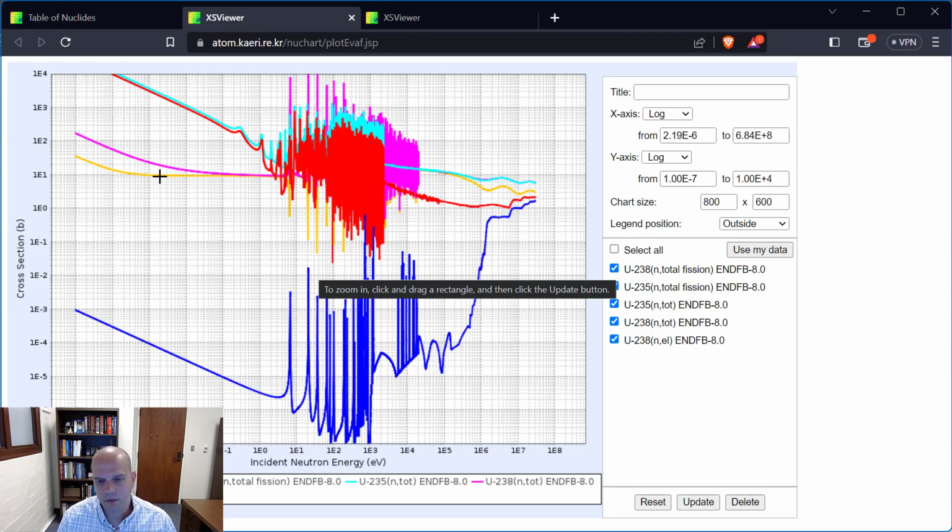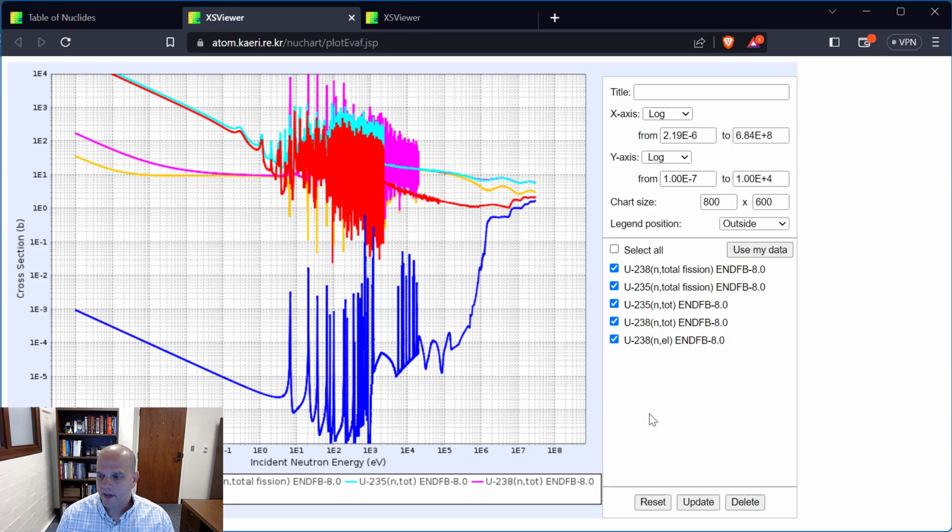Compare this gold one to the magenta one, and you see, especially in this range of about 1 eV or 0.1 eV, of all the interactions that could take place, it's almost always going to be an elastic collision for U-238.